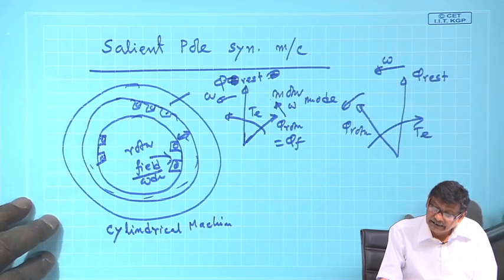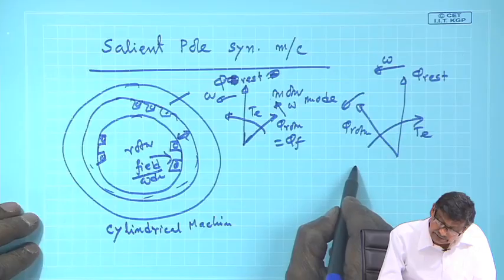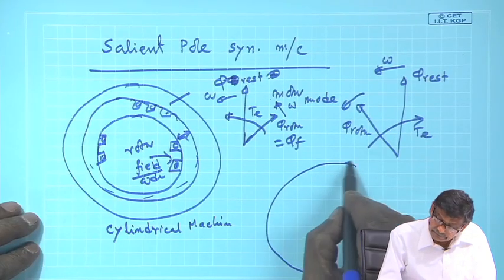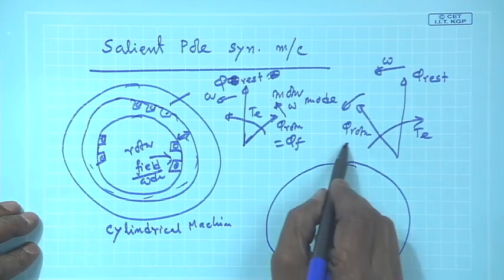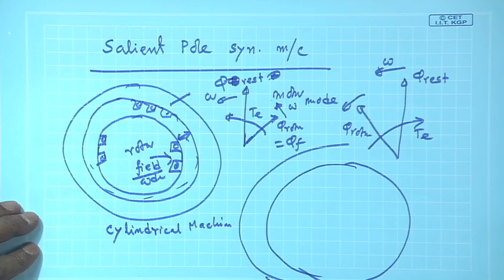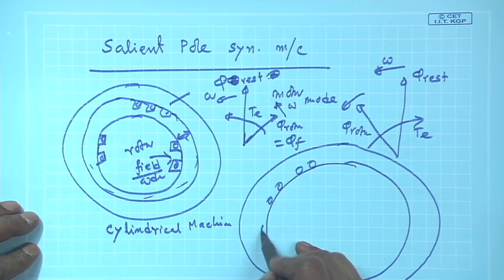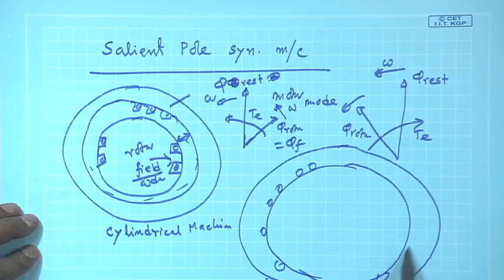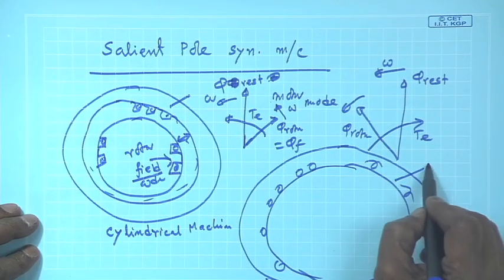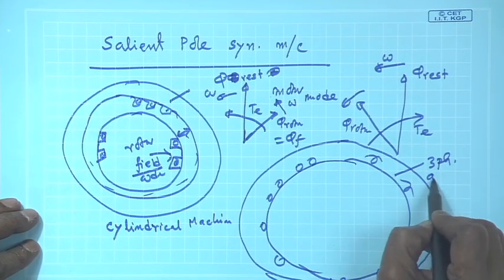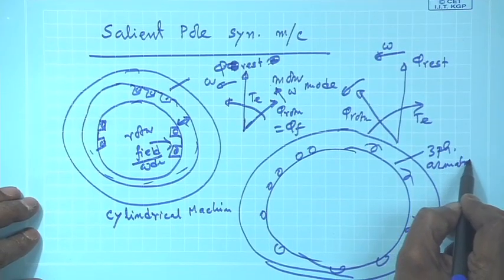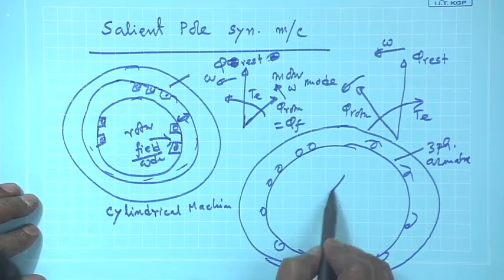There is another variety possible. There is no difference in the stator winding in these two kinds, balanced 3 phase stator windings, which is often called armature. But on the rotor, what you do?